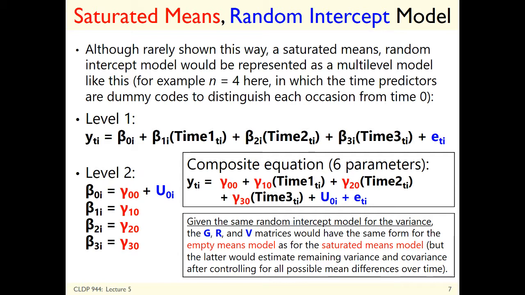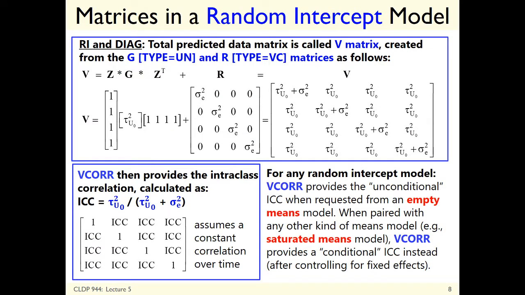Equal variance over time, because the only reason that you would have individual differences is in the intercept, and that's it. Equal covariance over time as well. So using our G plus R plus V patterning here, this is what this model will look like. So V is variance put back together again.